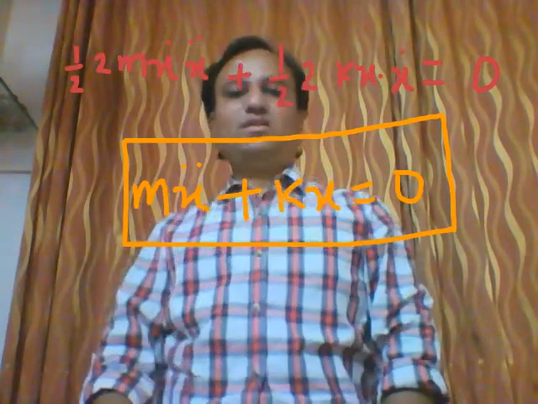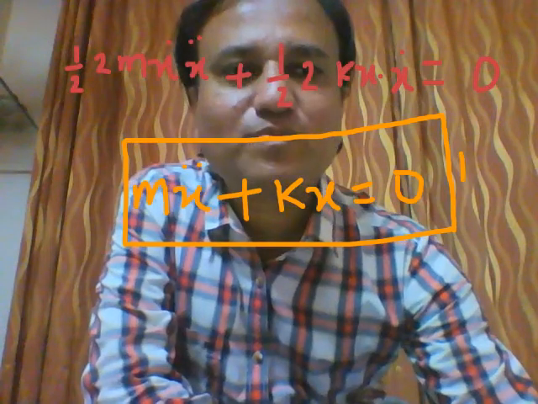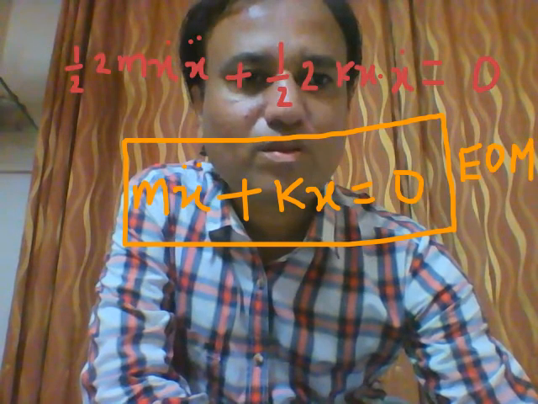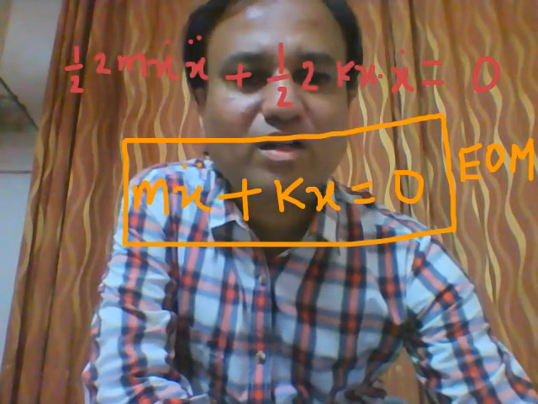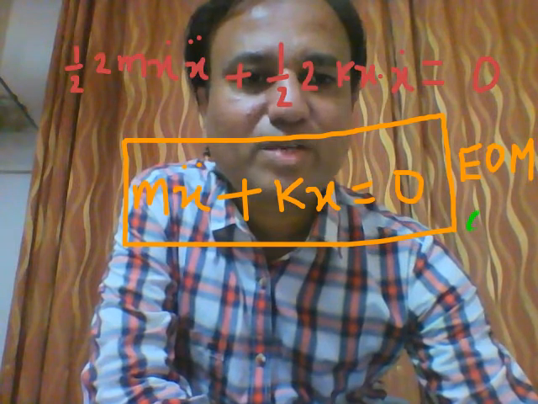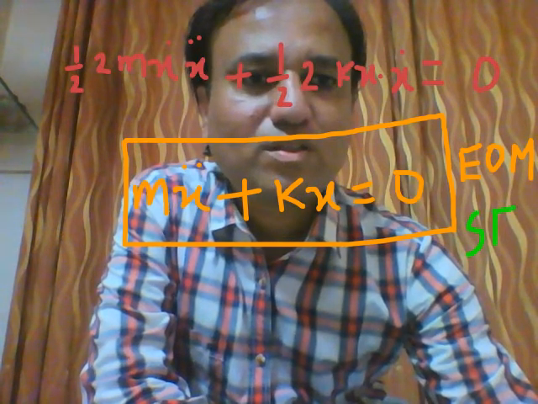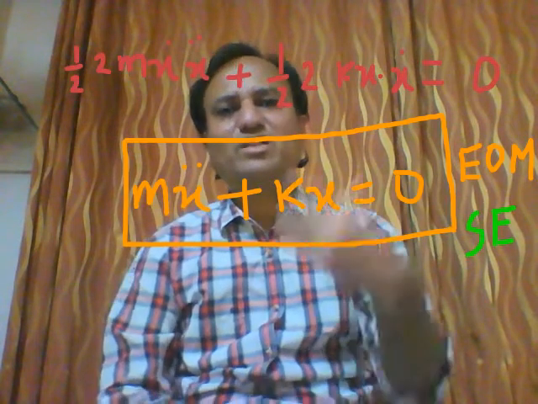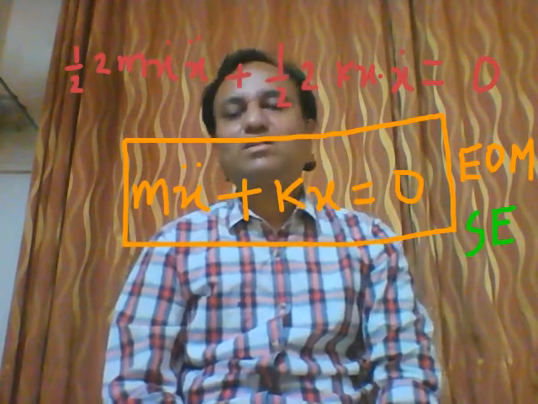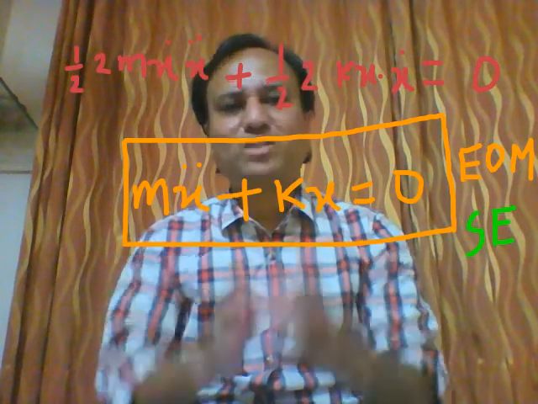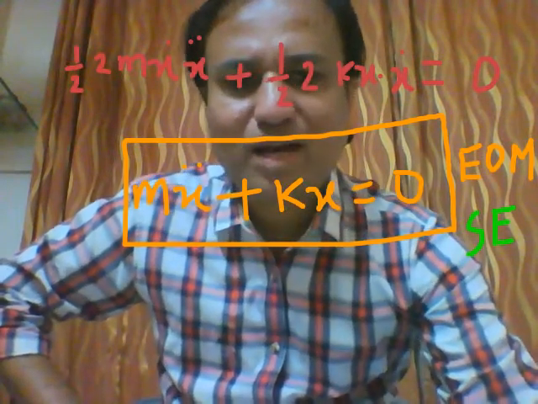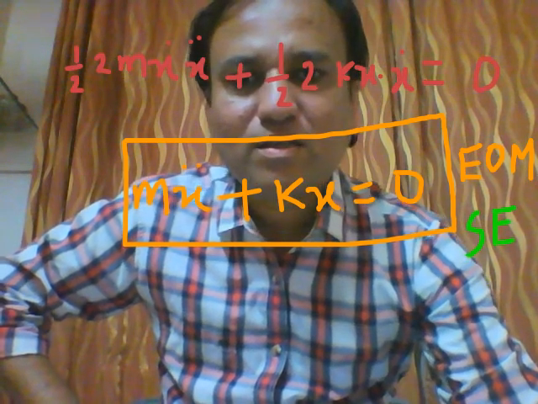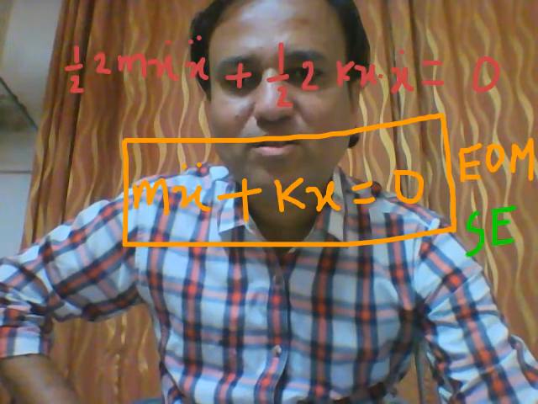Students, this is called the equation of motion, or also the system equation. From this system equation you can calculate the natural frequency. So I will modify or simplify this system equation.